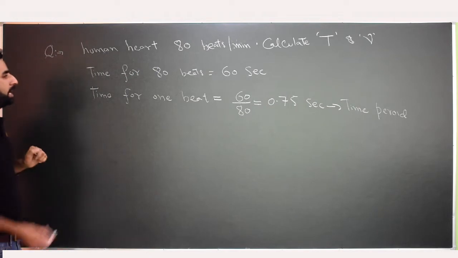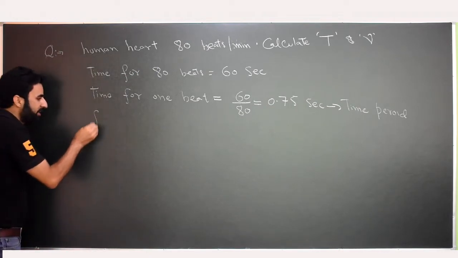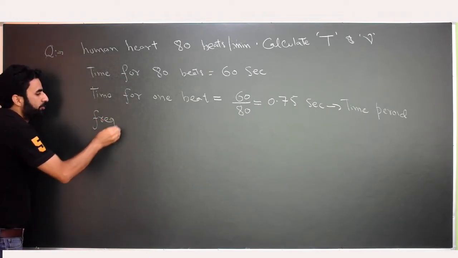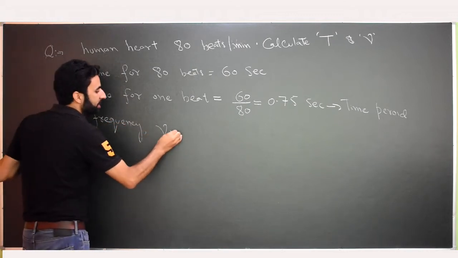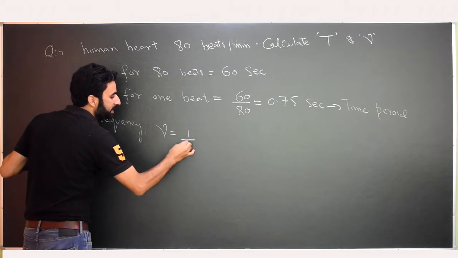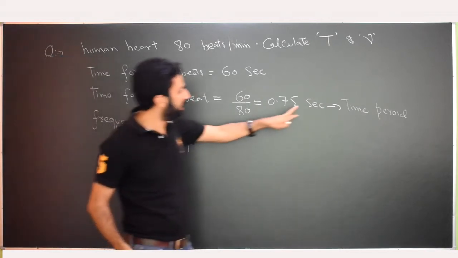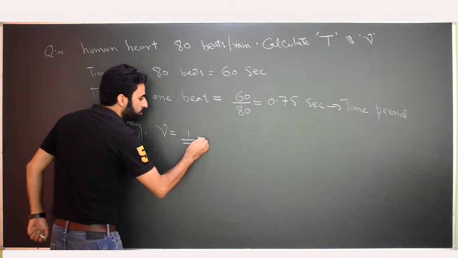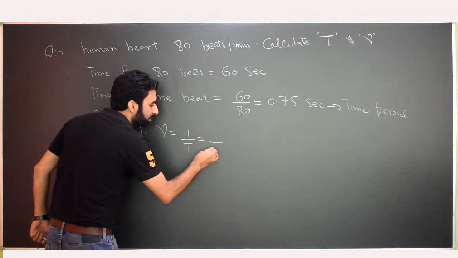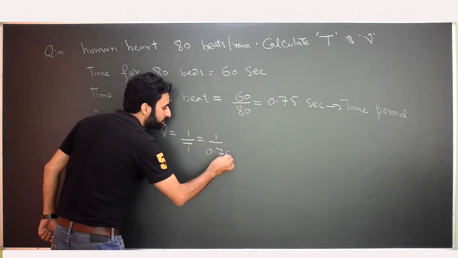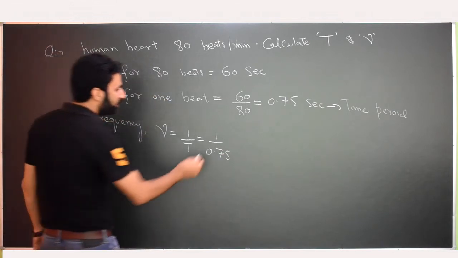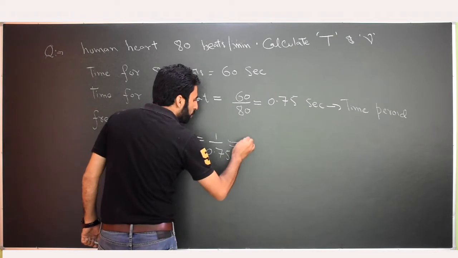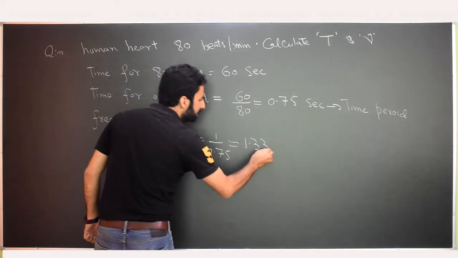Now, as far as the frequency is concerned, we define frequency mathematically as the inverse of time period. T we calculated here to be 0.75 seconds. So it is 1 divided by 0.75 seconds, which will be approximately 1.33.